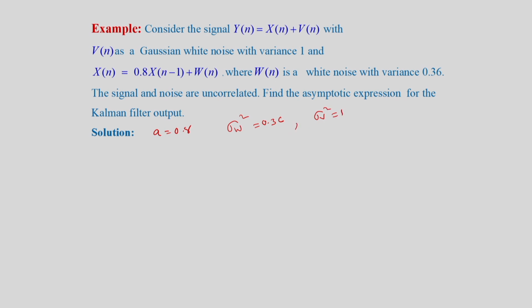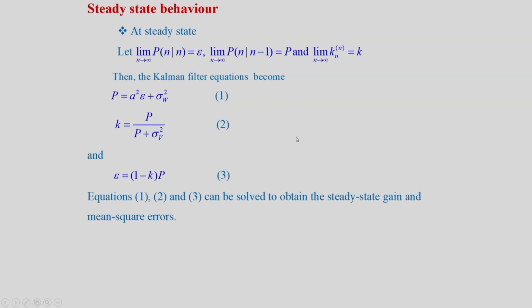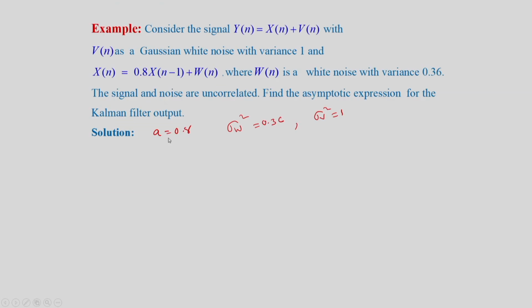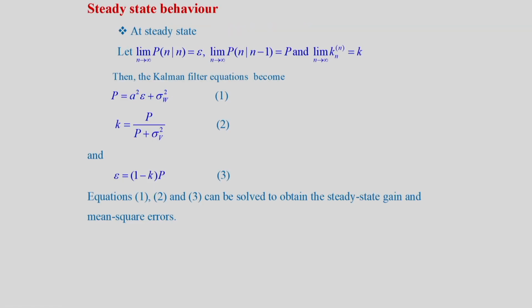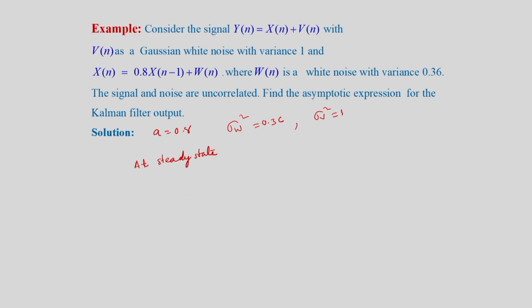Now the steady state equations, we have already established those equations. The first equation is P is equal to a square epsilon plus sigma w square, where P is the steady state prediction error.